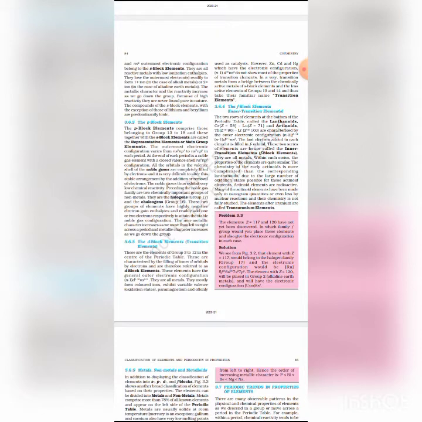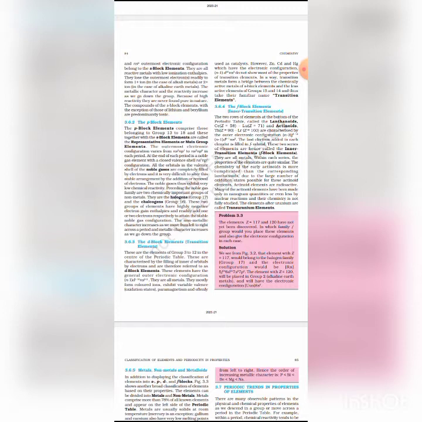Zinc, cadmium and mercury do not show most of the properties of transition metals due to completely filled d orbitals.